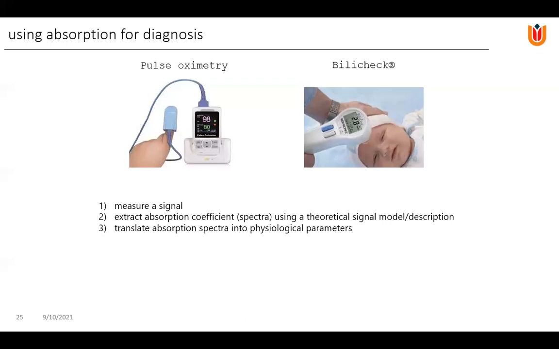So what I want to work at now is using these absorption properties of the tissue components to make an actual measurement that is clinically relevant. There's two examples here on the slide.